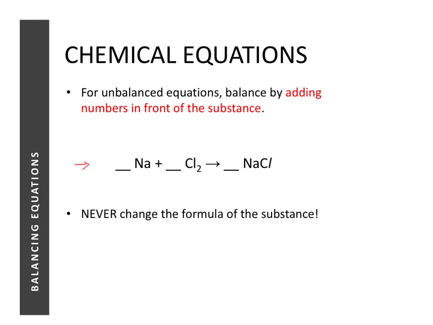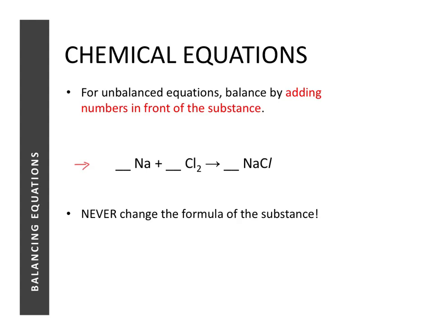On the left, there are actually 2 chlorine atoms. And on the right, there's only 1 chlorine atom. So how do we balance the number of chlorine atoms? By adding a 2 in front of sodium chloride. And once we add a 2 in front of sodium chloride, our number of chlorine atoms becomes balanced.